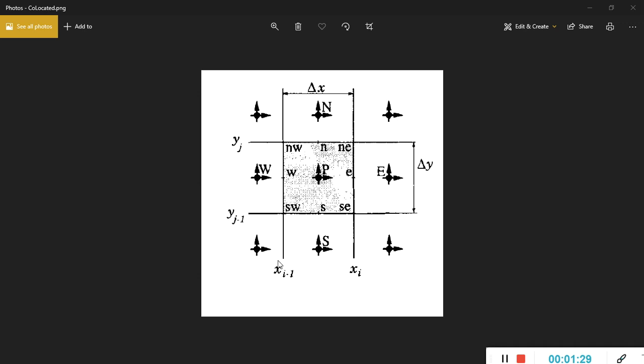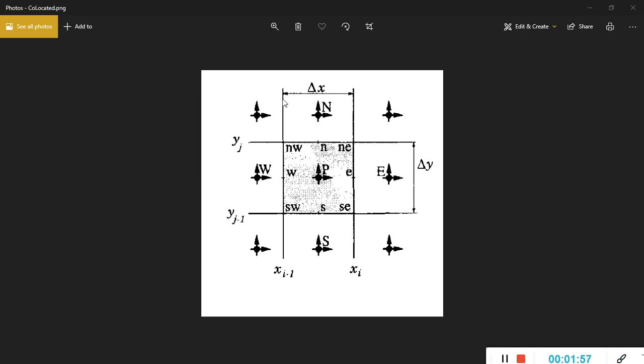Now when you discretize the grid, the east face will hold the xith node, or the ith node, and the west face will hold xi minus 1 node, and the north face will hold yjth node, and the south face will hold the yj minus 1 node.